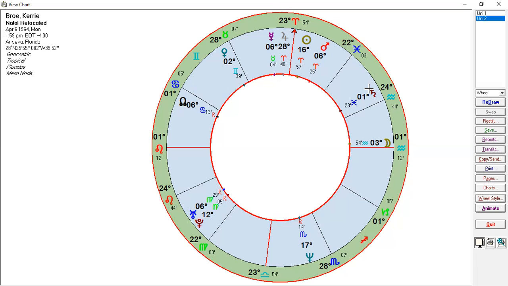Okay, so again, Saturn. A couple of other things before I move on. We'll look at somebody else too. If you're looking at a birth chart and Saturn is above the horizon, it's warmer because it's still daylight. If Saturn is below the horizon, it was a night birth and it's going to be colder.